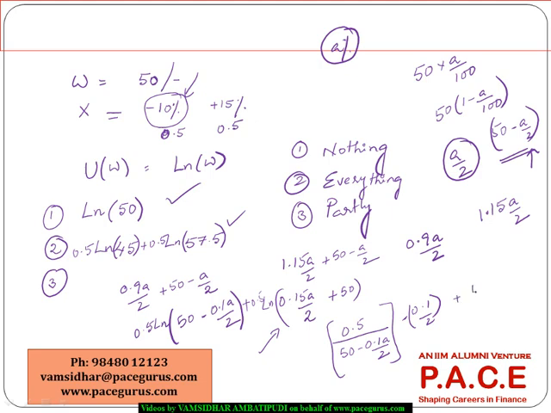Similarly, I take the other side, 0.5 divided by (0.15a/2 plus 50), multiplied by 0.15a/2. Now I can think of equating this particular thing to 0 and finally computing the value of a.